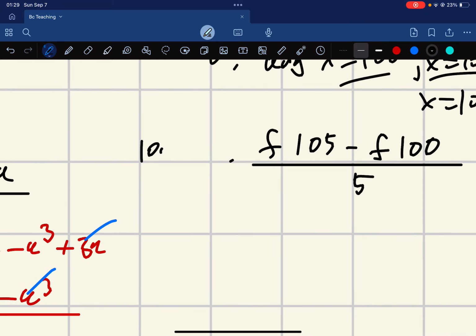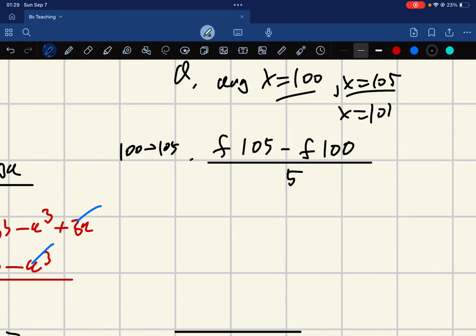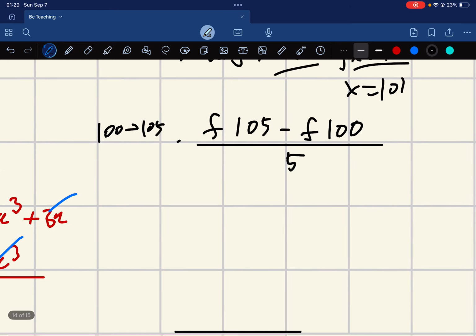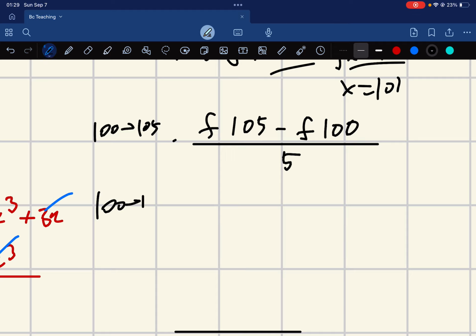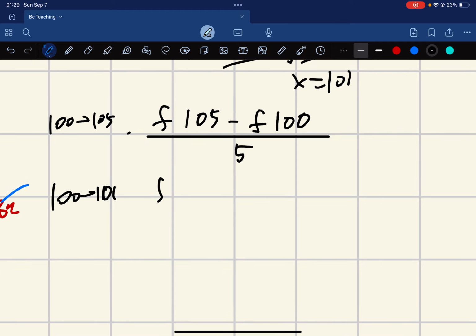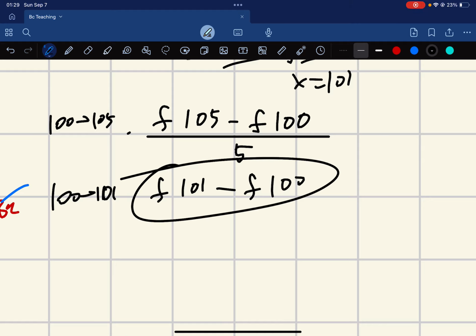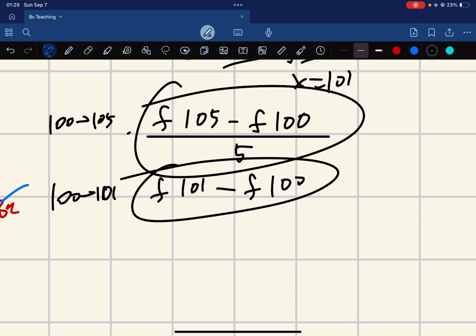That's for 100 to 105. And now for 100 to 101, it would just be C of 101 minus C of 100. 101 minus 100 is 1, so it's just that. And that's our average rate of change.